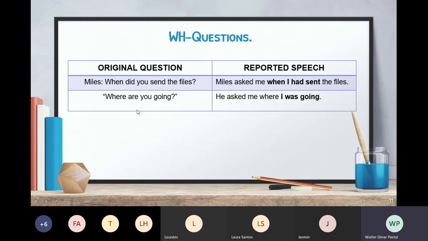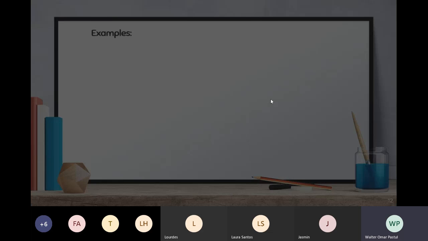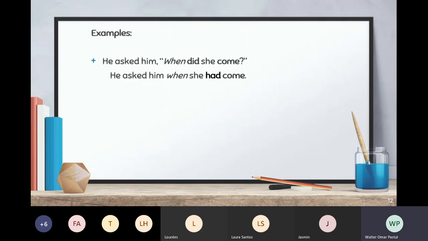Next, where are you going? He asked me where I was going. Again, we change, but we keep the double H word. Let's see another example. He asked him, when did she come? He asked him when she had come. You see, past perfect.